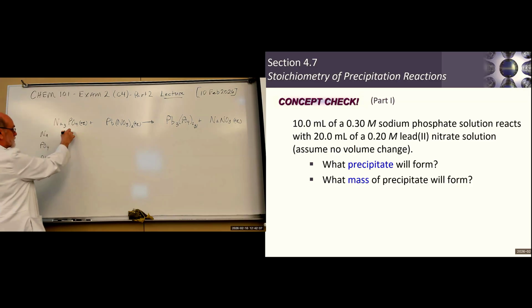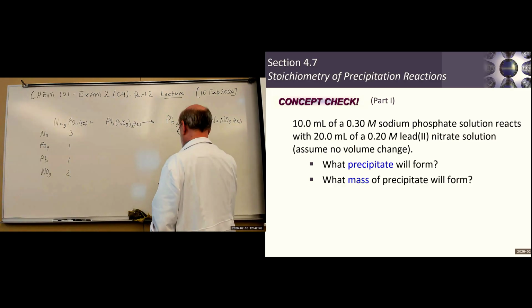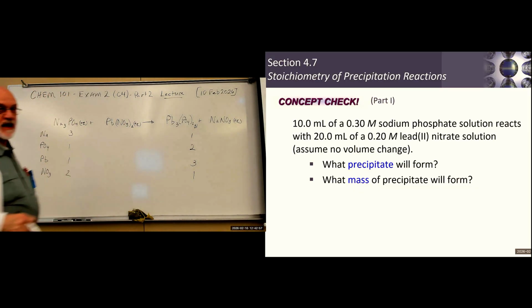On this side, we have 3 sodiums, 1 phosphate, 1 lead, and 2 nitrates. On this side, we have 3 leads right down here, and we have 2 phosphates right here, and we have 1 sodium, and we have 1 nitrate. There we go. And we can see that it's not balanced yet.